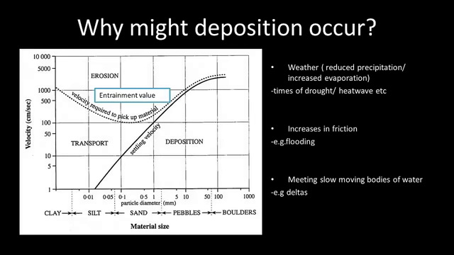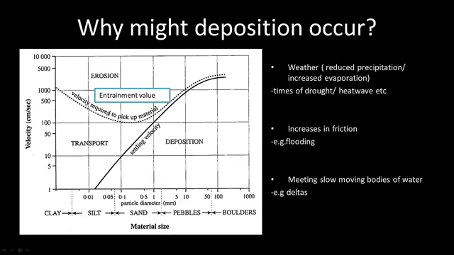What this all has to do with is the Hjulström curve. Now I'm probably going to cover this in another video, but just in case I don't, I'm just going to briefly explain it. The Hjulström curve is basically a model of what happens to material in a river at different parts. It's nothing to do with downstream or upstream, just what happens to it.